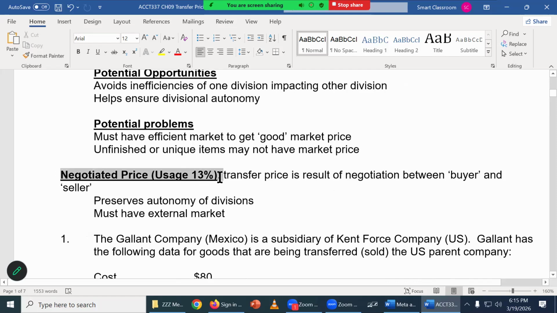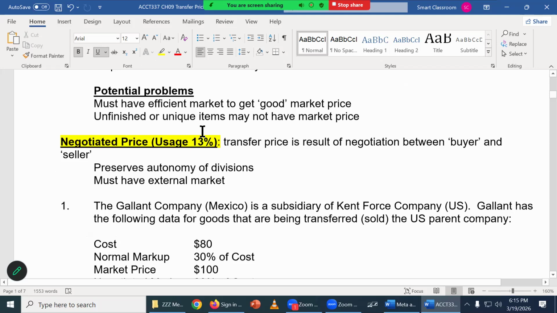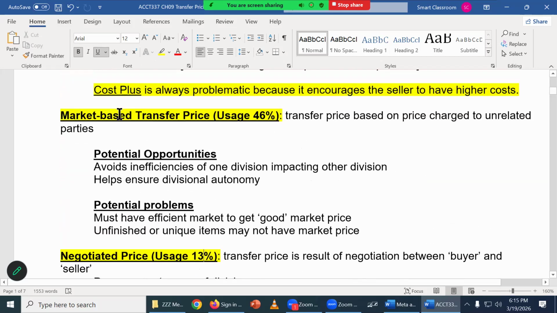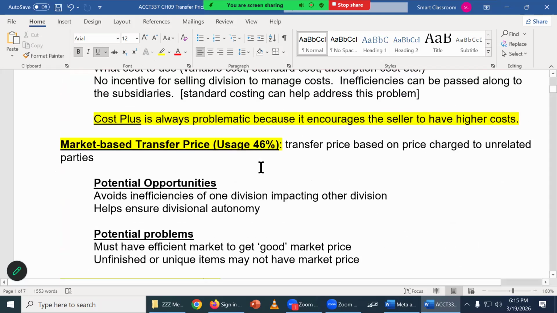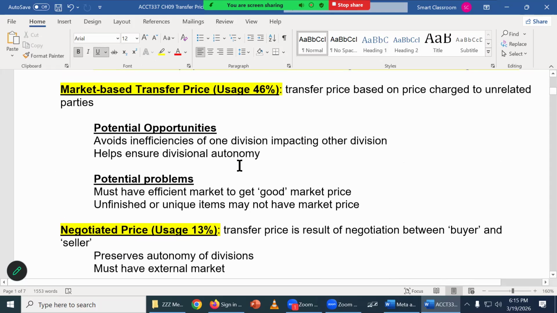And the negotiated price is kind of what it says: they negotiate the price of what it's going to be. A lot of times they'll use some of these other things, cost plus or market-based pricing, when they're doing the negotiations.